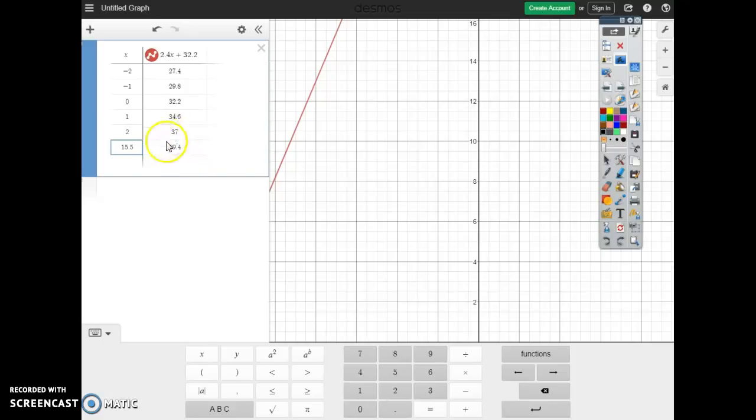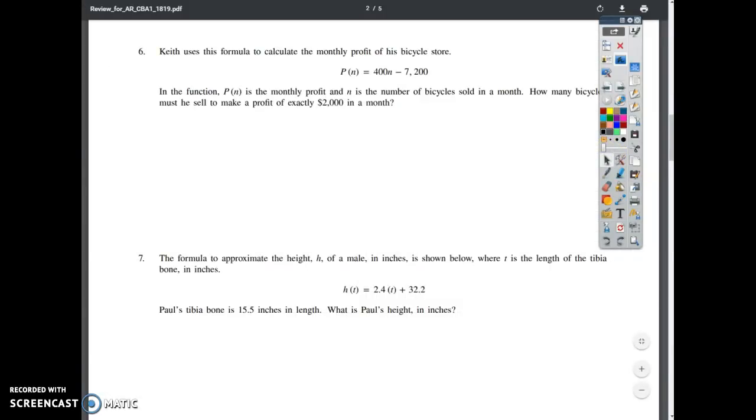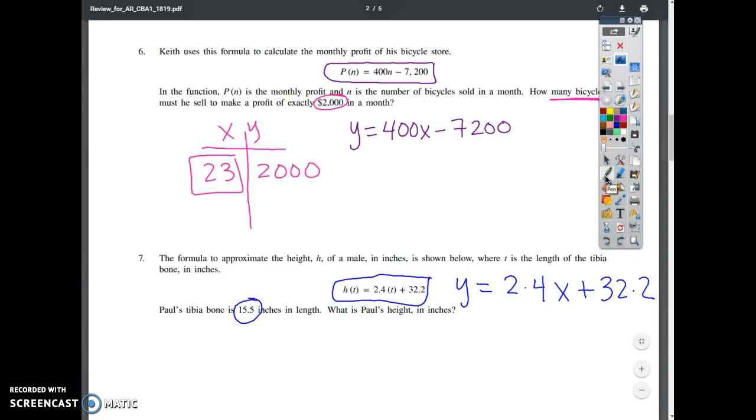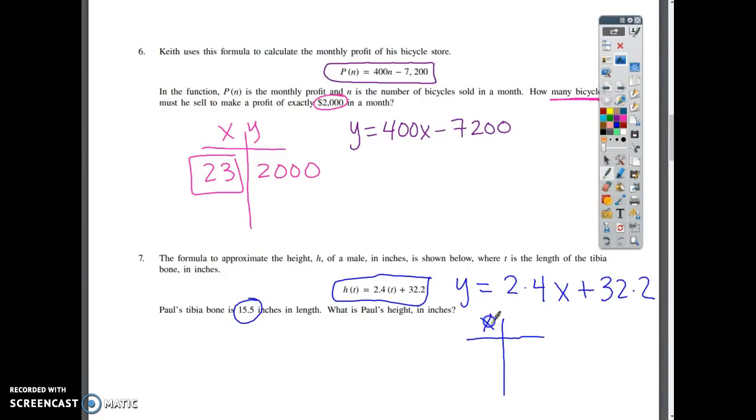And the answer is 69.4. So you would just find it on one of the answer choices. On our table, we saw that 15.5 gave us 69.4, and that is our height in inches. Okay?